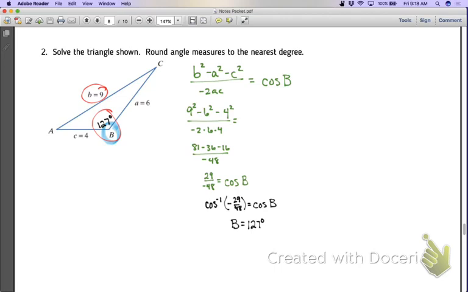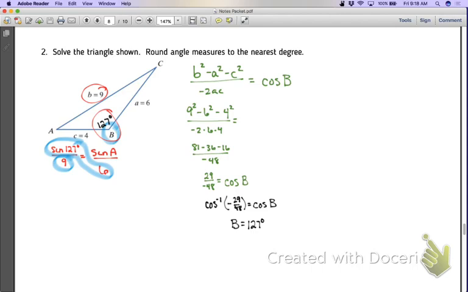Okay? If you would go sine of 127 degrees divided by 9 equal to sine of A divided by 6, you would multiply, you would divide. So you would have sine of 127 degrees times 6. You would then divide by 9.